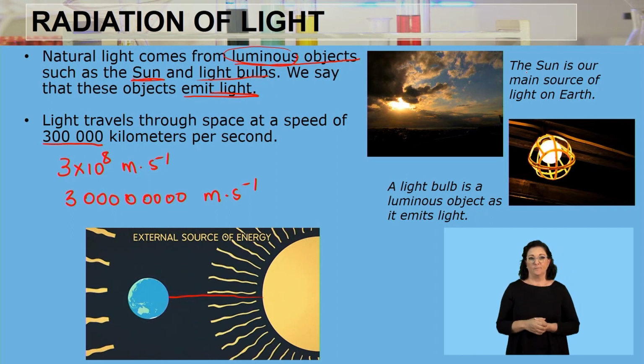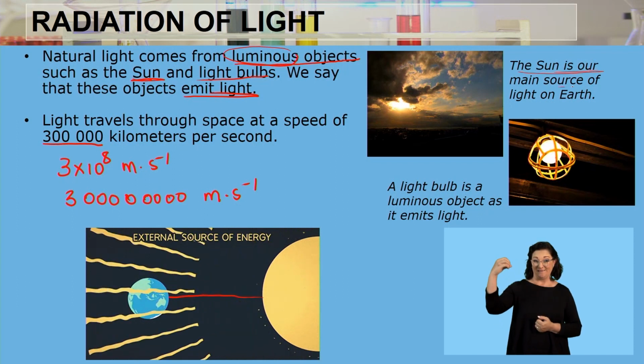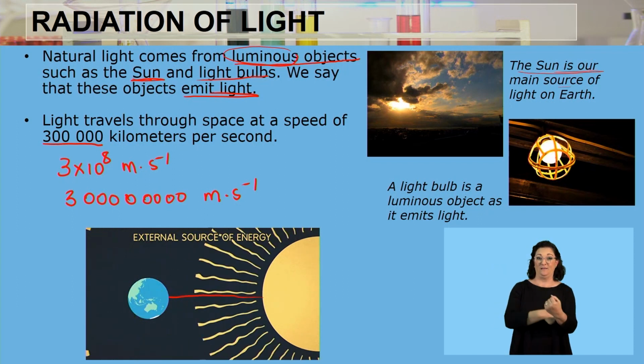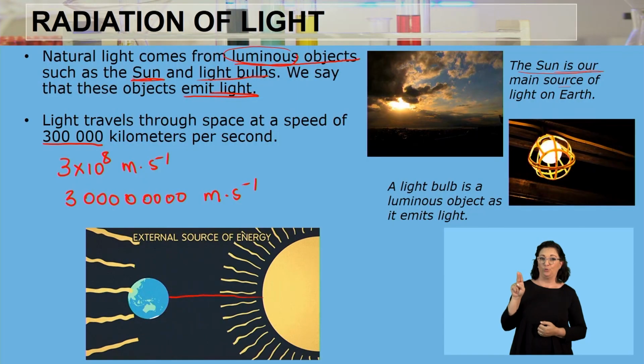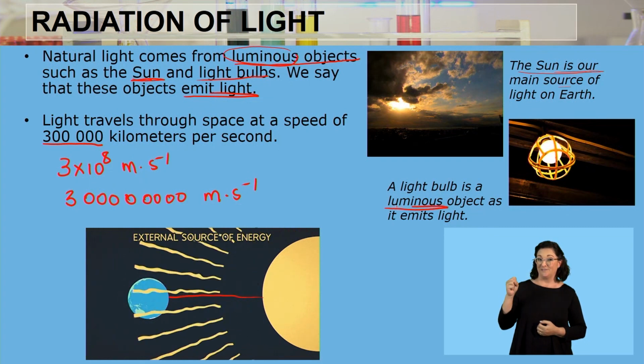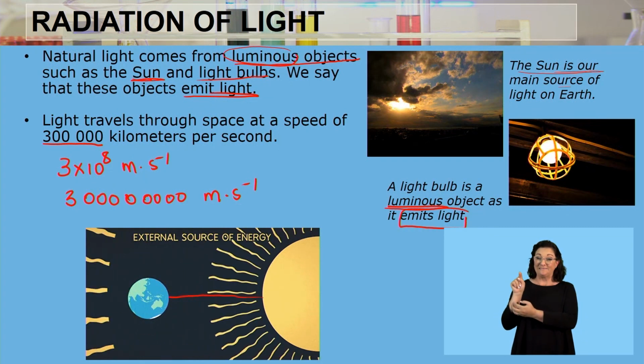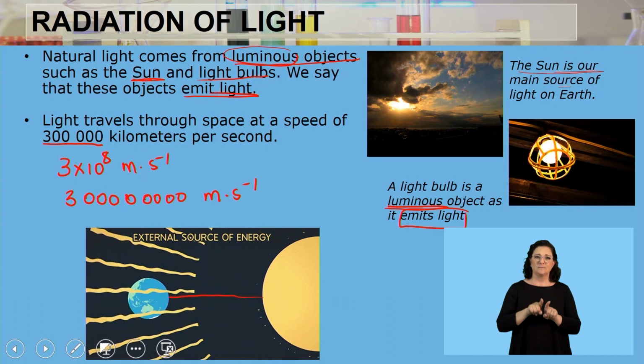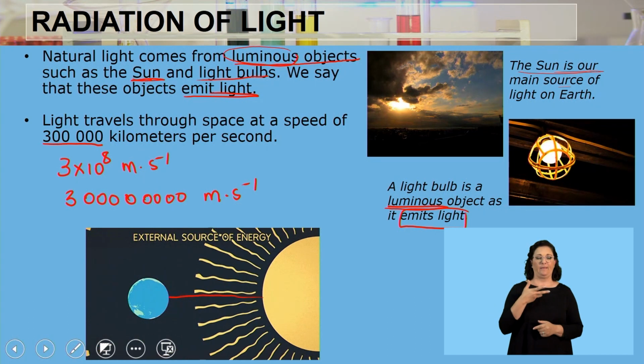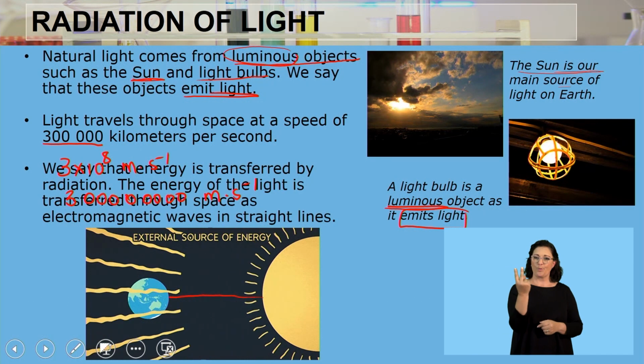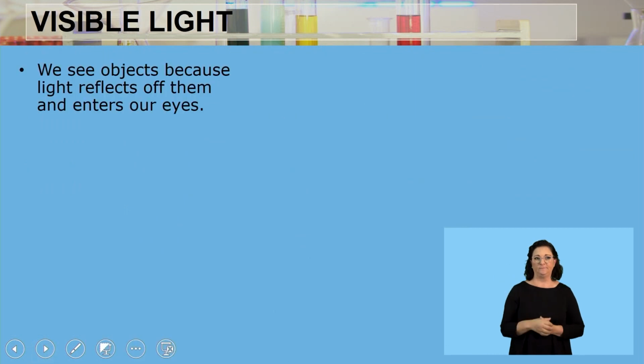We know that the sun is our main source of light on earth, and that without the sun we don't have the main source of light. A light bulb is a luminous object, and a luminous object is one that emits light. A light bulb is an example of that, and so is the sun, because those two objects do emit light.